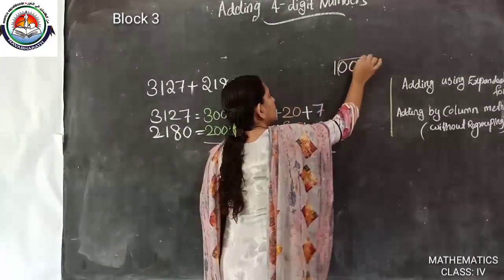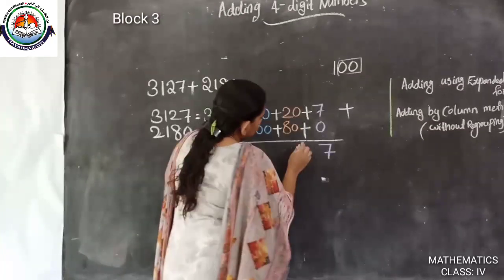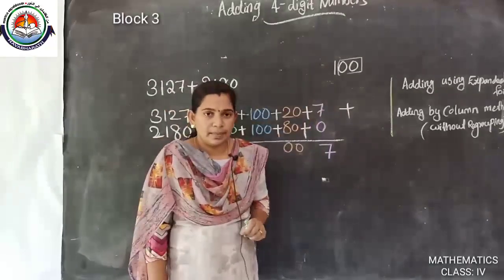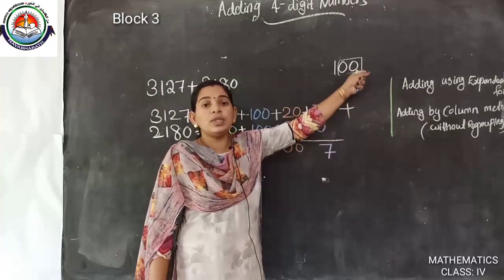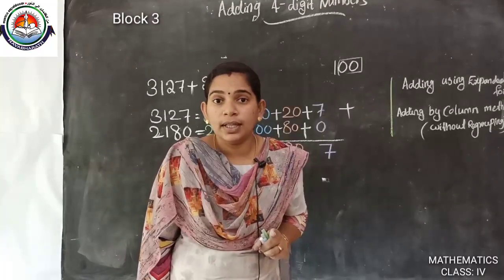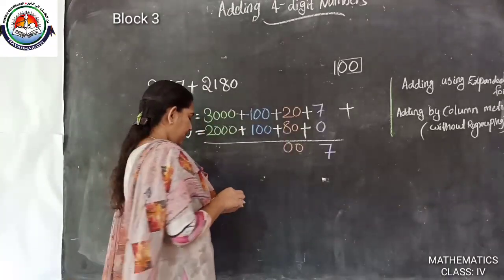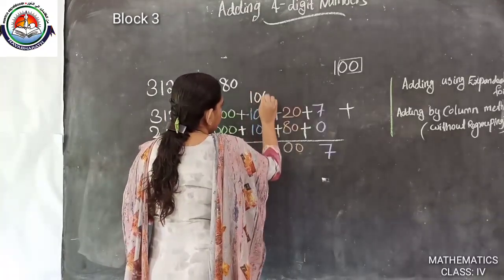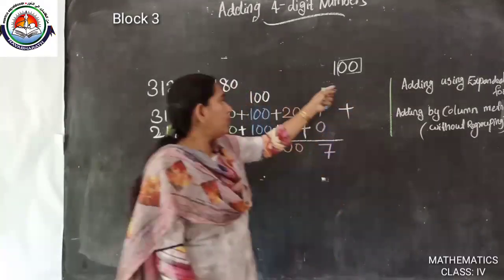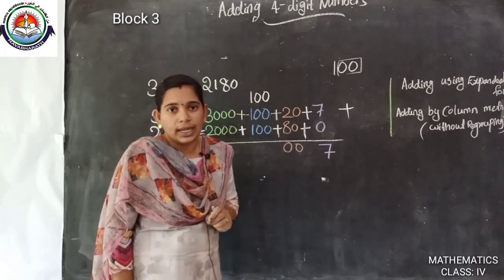We write 0 and 0, two zeros here. Then 1 is remaining. That 1 is in the place of 100, so we want to add here 100, not 1 only.